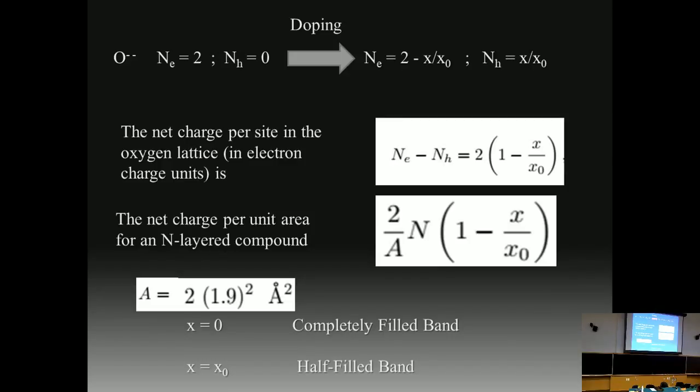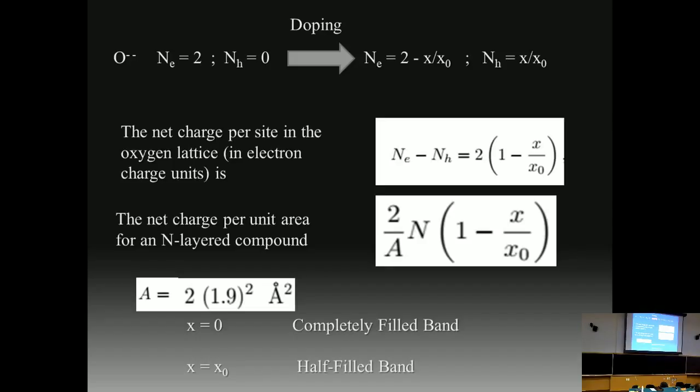I think I understand the definition, but how do you relate that to, say, the amount of strontium that I add to lanthanum, strontium, copper oxide, right? That just tells you exactly how much charge I put in. So why does 0.29 strontium give you exactly one? Yeah, that's a point.